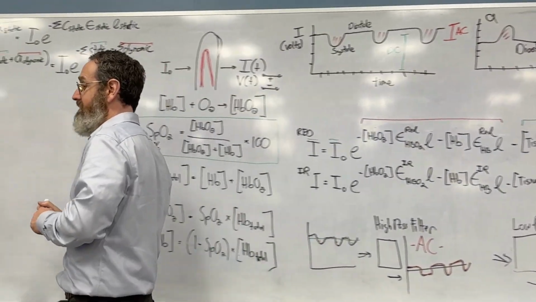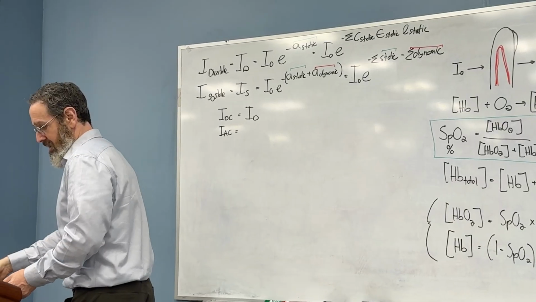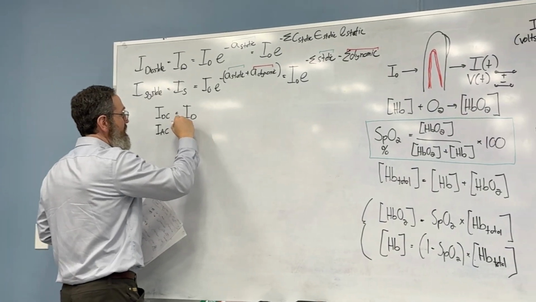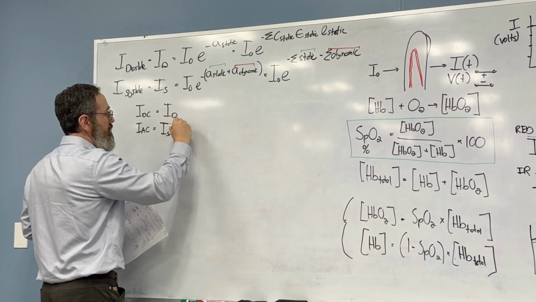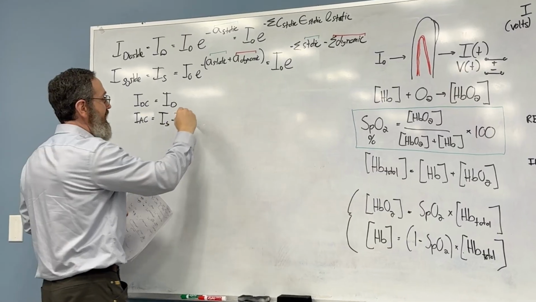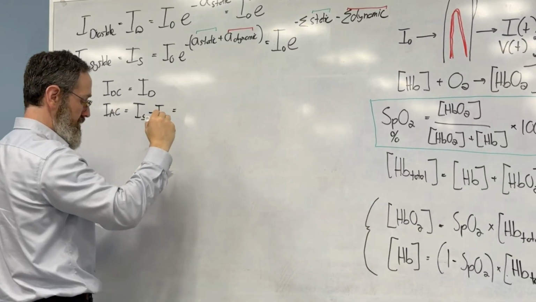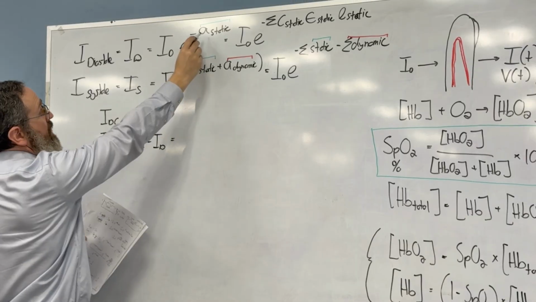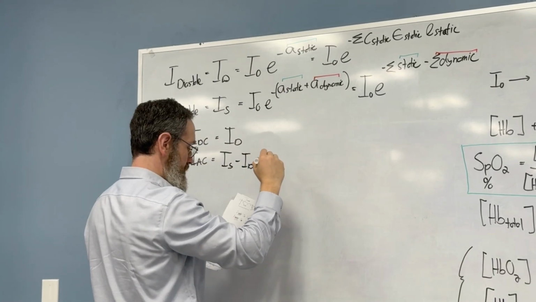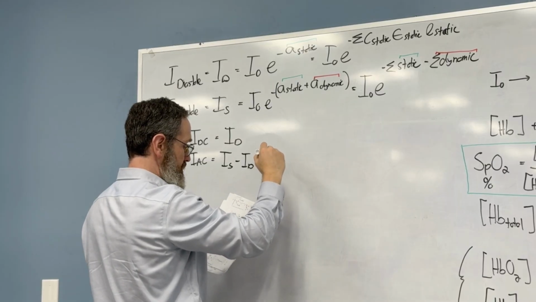And so the way we write that is we're going to write that this is I systole minus I diastole, and that is equal to, so this I didn't need to write. This is just this. I don't need to write it. But this one I will write it as, oh, I don't have to write it. No, I did write it.